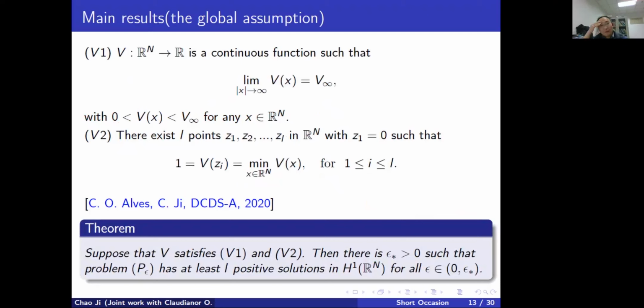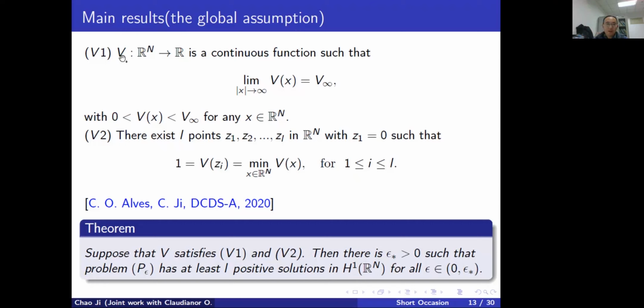The first result is a multiplicity result when the potential satisfies a global assumption.